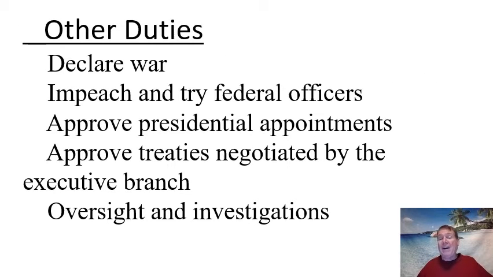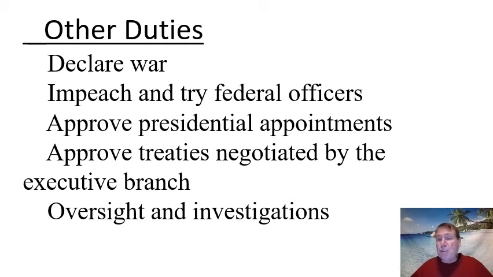Now, Congress does have other things it does besides making laws and providing money for those laws and raising and spending money. It also has other constitutional powers like declaring war, impeaching and trying federal officials. So they can impeach not just the president, but anybody that works for the federal government.